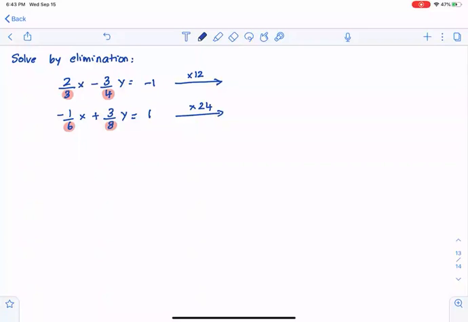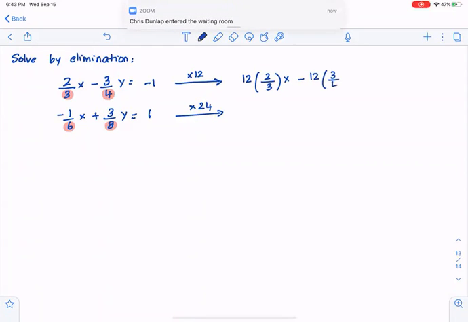So I'm going to multiply the first equation by 12 on both sides. So 12 times 2 over 3x minus 12 times 3 over 4y equals minus 12.